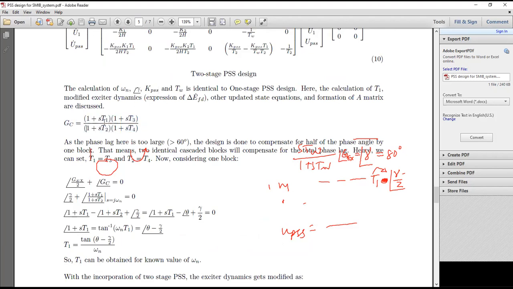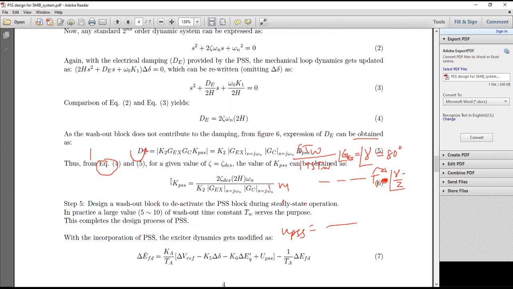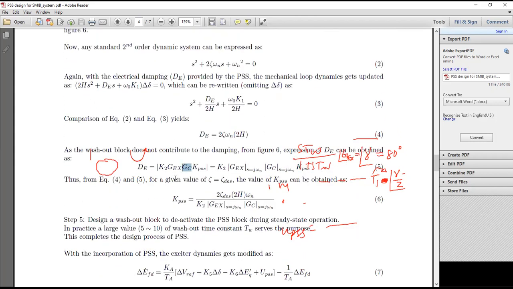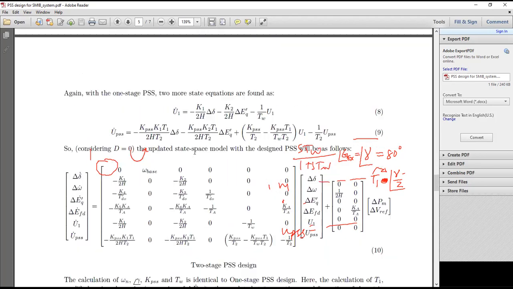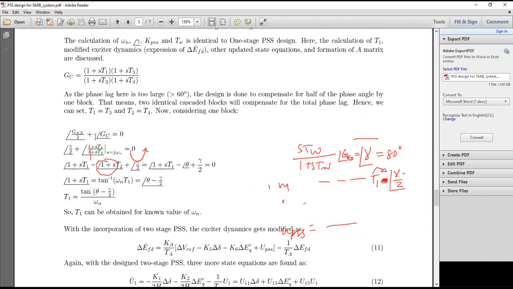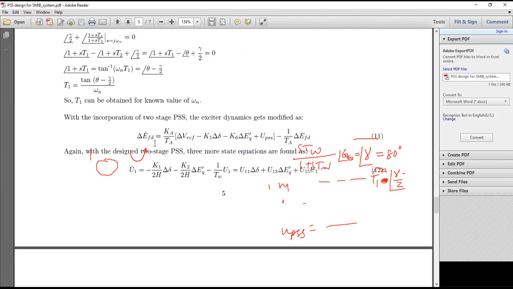But if you look at the KPSS design part, we are not explicitly expressing GC. We are simply saying GC magnitude at S equals j omega n. In that way, the design process for KPSS is identical. If that is done, then you can simply calculate KPSS.